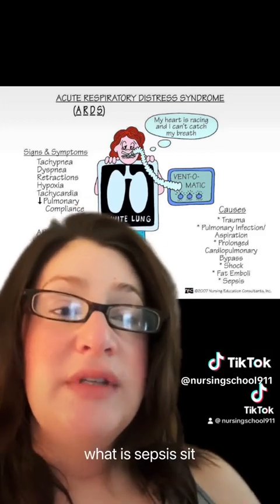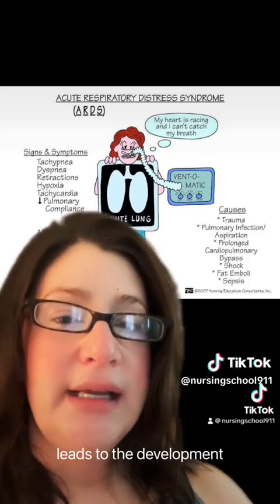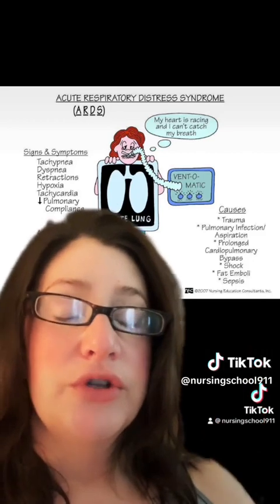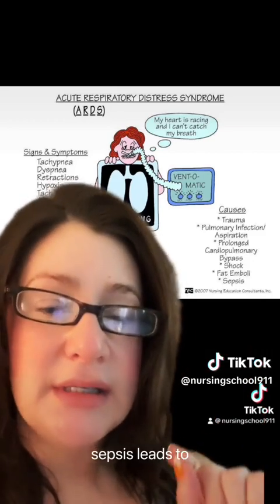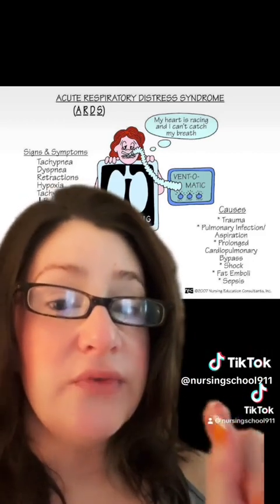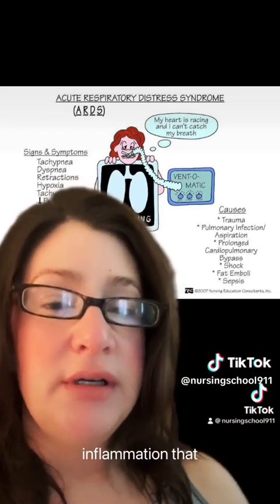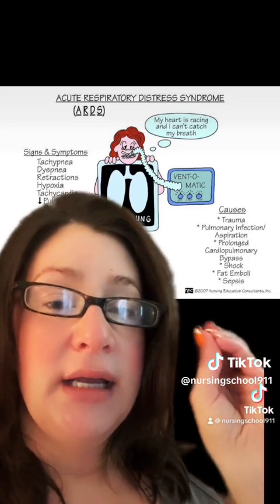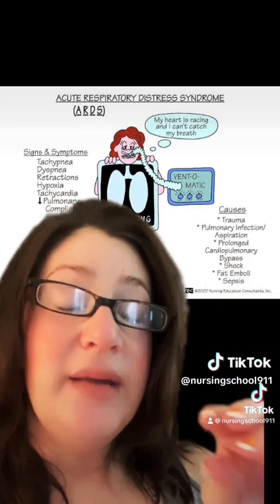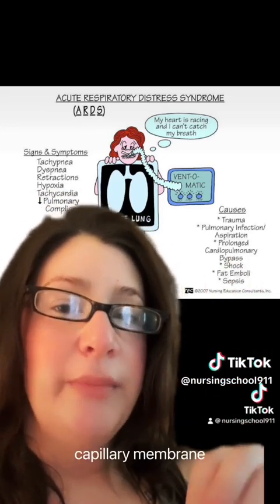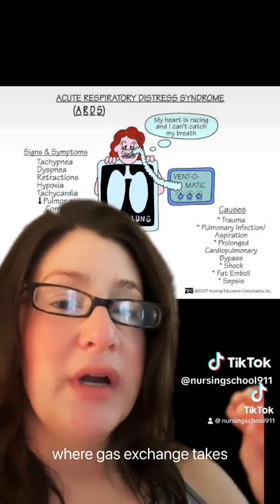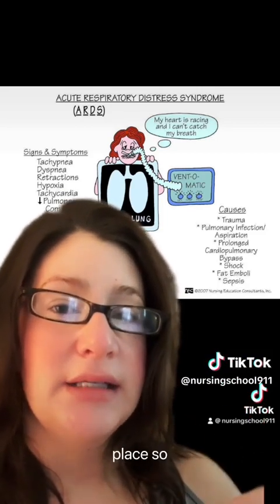So what does sepsis set into motion that leads to the development of ARDS? Well, sepsis leads to widespread severe inflammation. And that widespread severe inflammation that is targeted in the lungs damages the alveolar capillary membrane, which is where gas exchange takes place.